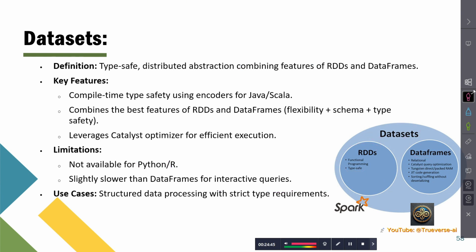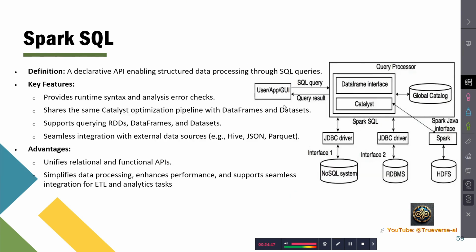So let's go. Okay, Spark SQL. This is declarative API data structure through the SQL. So basically start from the user, as you can see here, and then go through the query processing and see if you have a DB, NoSQL, or RDB, HDFS.